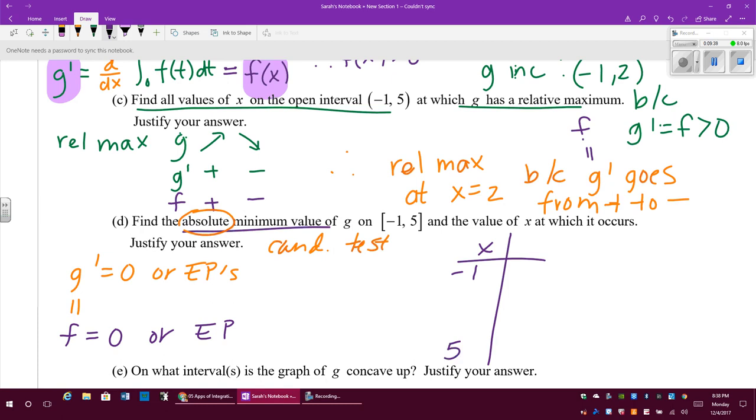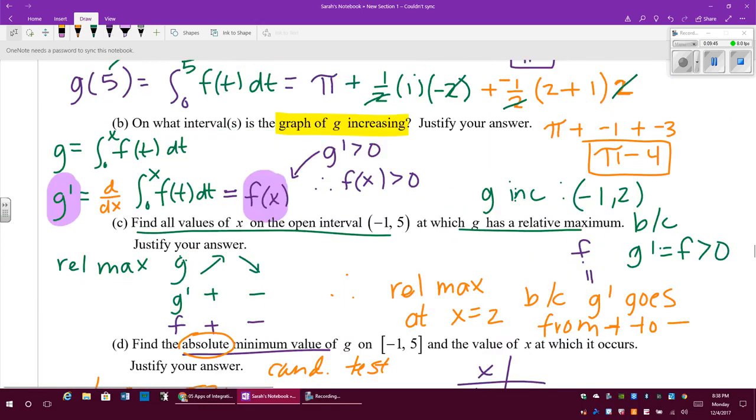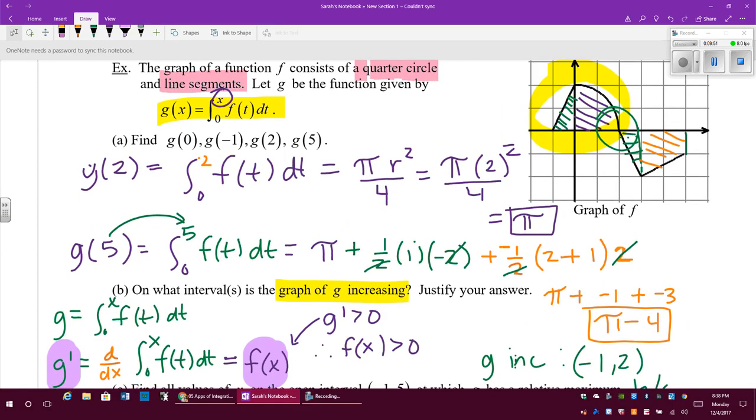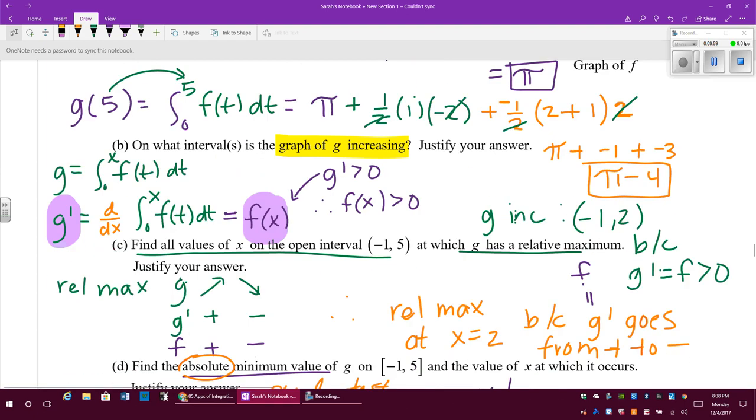Places that f, or g prime, equals 0 happens to be, go up to your graph, f equals 0 at just 2.